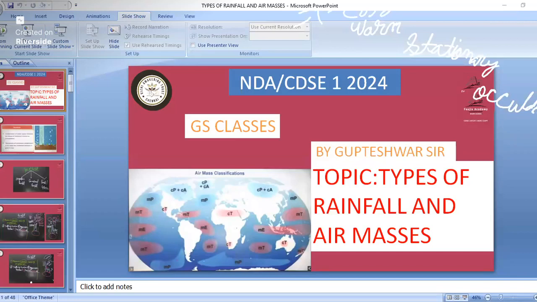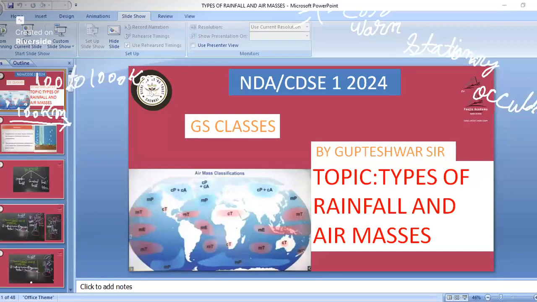That air will be blowing over more than 100 to 1000 kilometers. Suppose a warm wave is coming from this side. Warm wave coming from this side means it is coming from behind, like 100 kilometers. It might go up to 1000 kilometers also. So that is a large body of air.